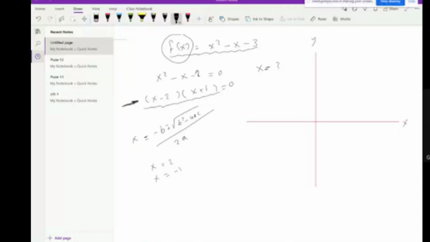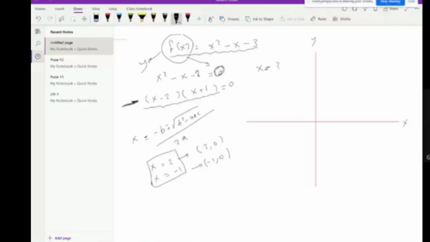Now that means I have two values of x at y equals 0. That means 2 points, (2, 0) and (-1, 0), because I put y equals 0. This is y. I put it equal to 0, and I solved it to find the value of x.